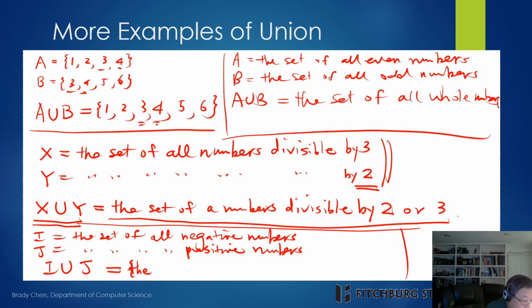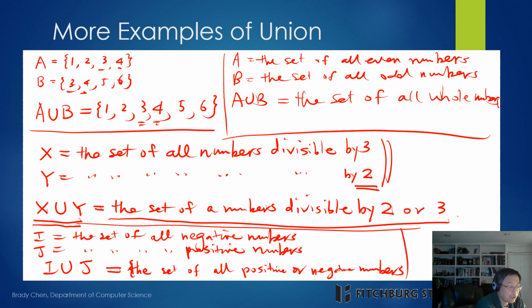Yes, I union J is a set of all positive or negative numbers. You cannot say it's the set of all whole numbers, because if you want to claim the set contains all whole numbers, you have to include 0.